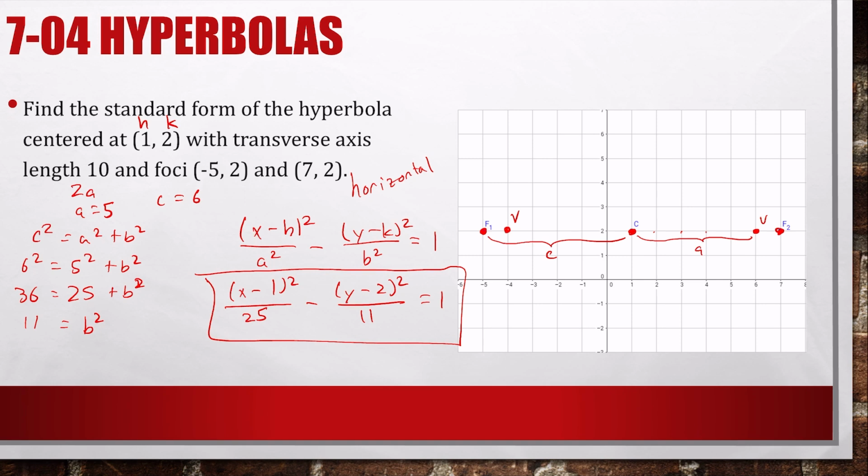Let's finish graphing this. So we have the vertices, the foci. Let's get the covertices. So if b is the square root of 11, the square root of 11 is about 3.32.